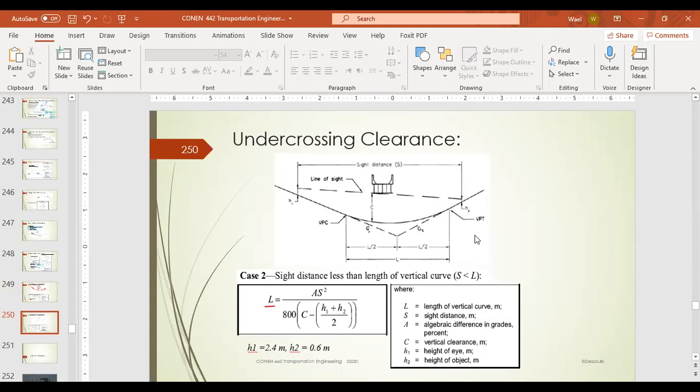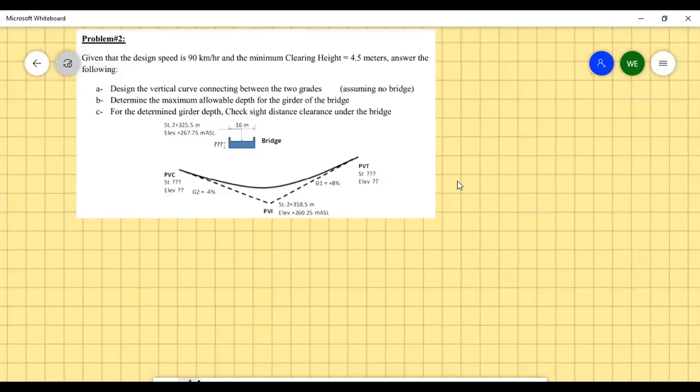So let's solve this example. We are given that the design speed is 90 kilometers per hour, and the minimum clearing height is equal to 4.5 meters.